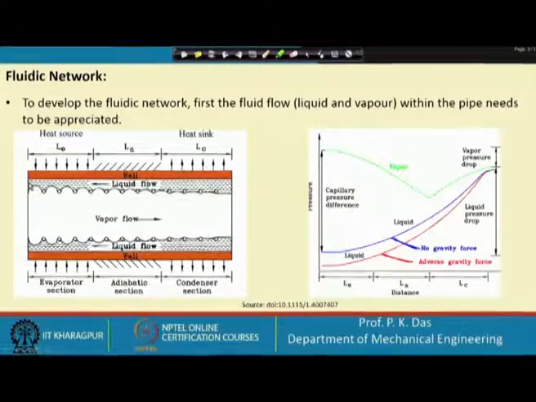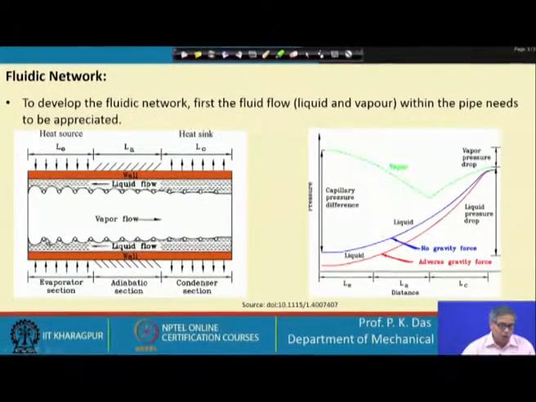So, what we are having is a heat pipe where there is the working fluid, and the working fluid is in the wick region, and as we start transferring heat in the evaporator section, the evaporation of the fluid in the wick structure will start, and then this vapor will flow and it will reach the condenser section.